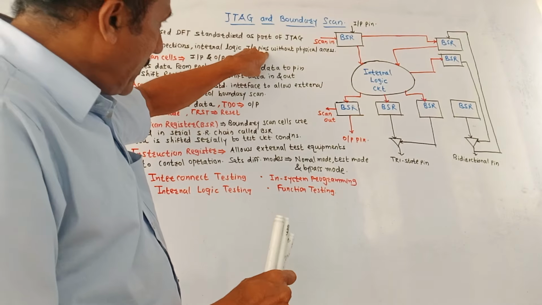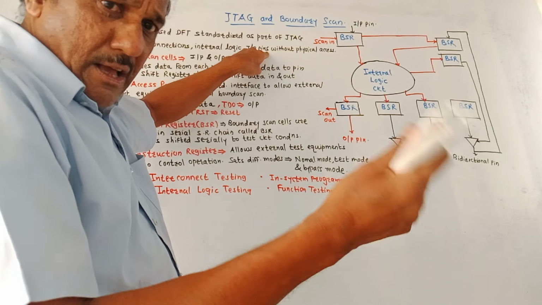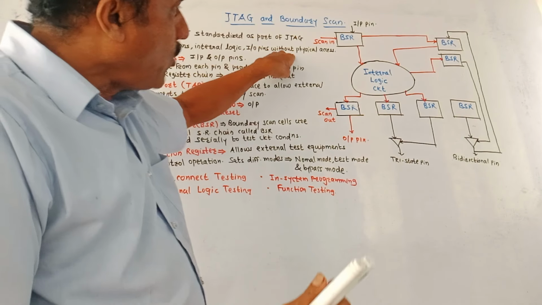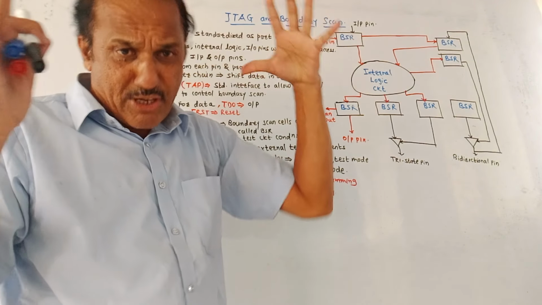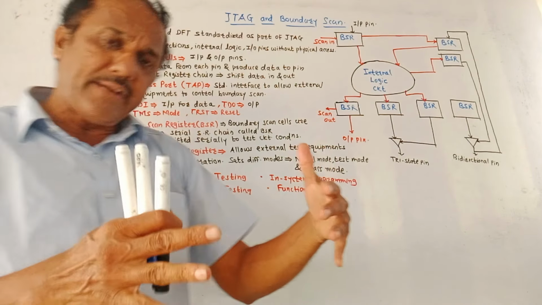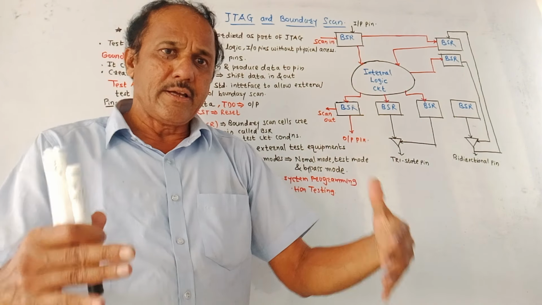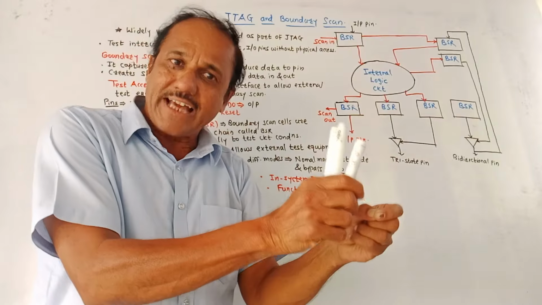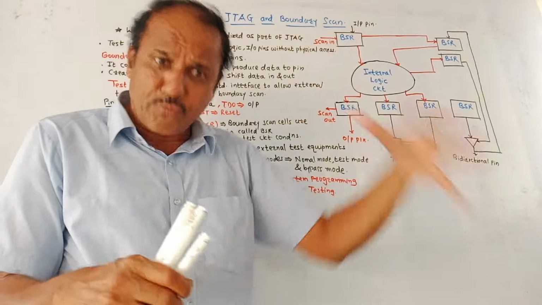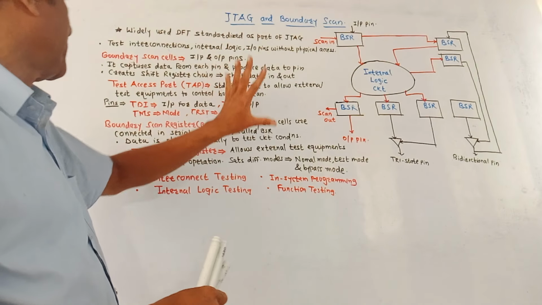Then input output pins can be tested without any physical access. This is the major important point. In the normal method, physical access is required for testing, but without physical access, we can test the circuit.